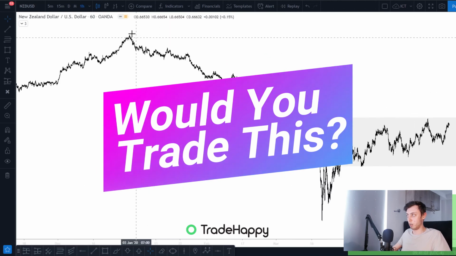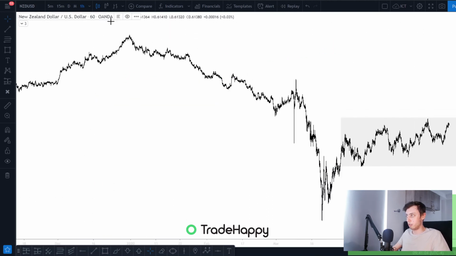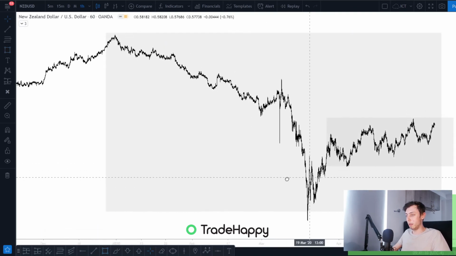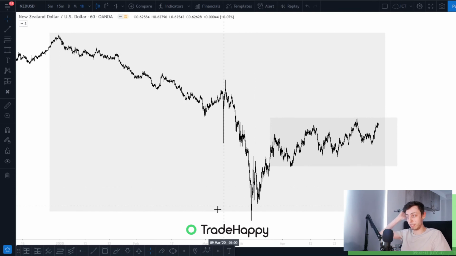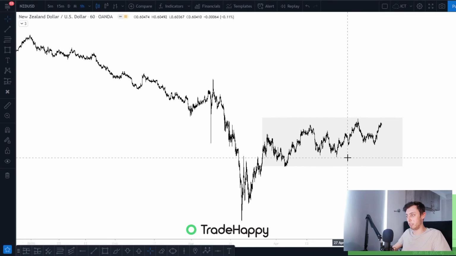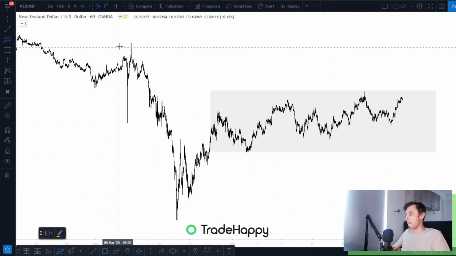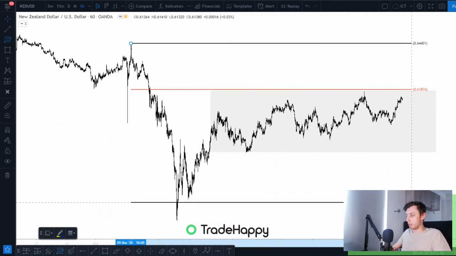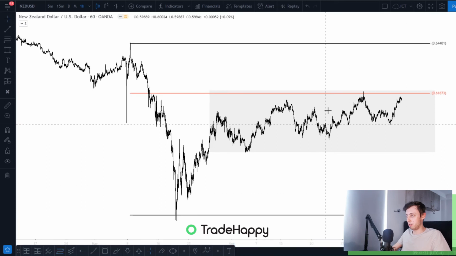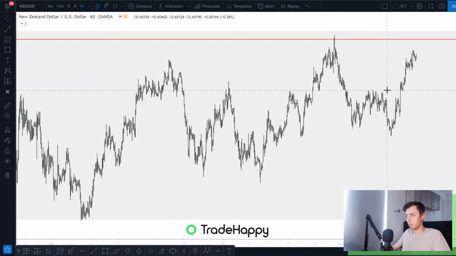There is obviously the longer-term trend, is this one. There's a few trading setups that you could take, but in terms of an actual trade, there could be one at this level, the high.